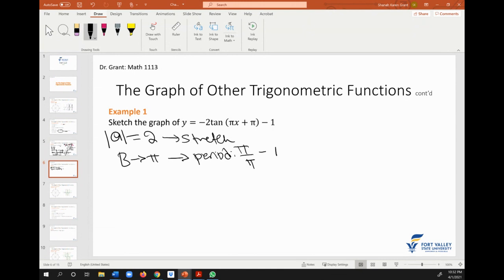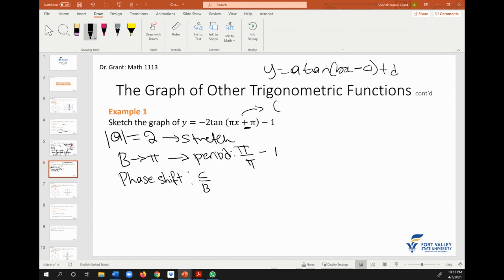1. Now, very important, if we're thinking about the phase shift. So your phase shift is c divided by b. But remember, the original graph of tan is y equals a tan of bx, very important, minus c, right? So in this instance here, we have a plus.